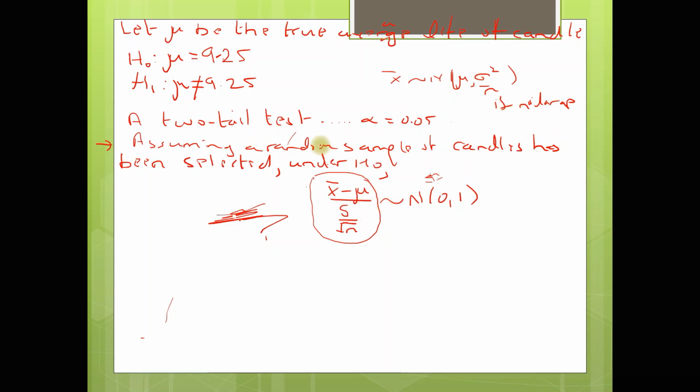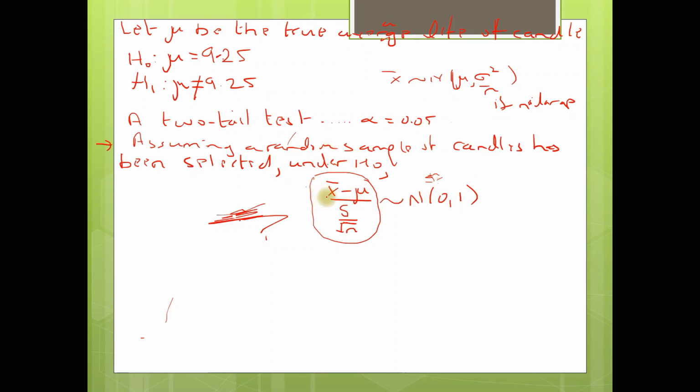Because in our example we are still dealing with a large sample, it means that x bar follows a normal with mean mu and variance s squared over n. But here, I'm going to represent it in standardized form.